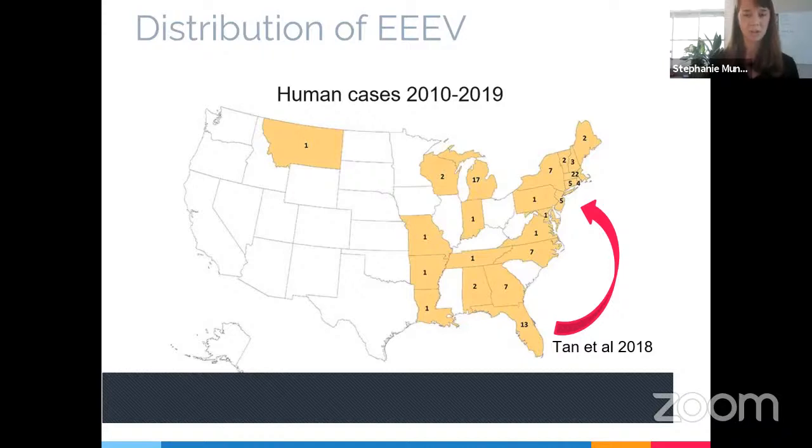So because of the warm climate and the mosquito populations present here, we can have transmission occurring year-round, including through the winter, and we'll have virus circulating between birds and mosquitoes, and then the migratory birds move northward and can seed outbreaks there. So there's a lot of interest in understanding EEE in Florida specifically because it's the source of EEE in many other parts of the country.